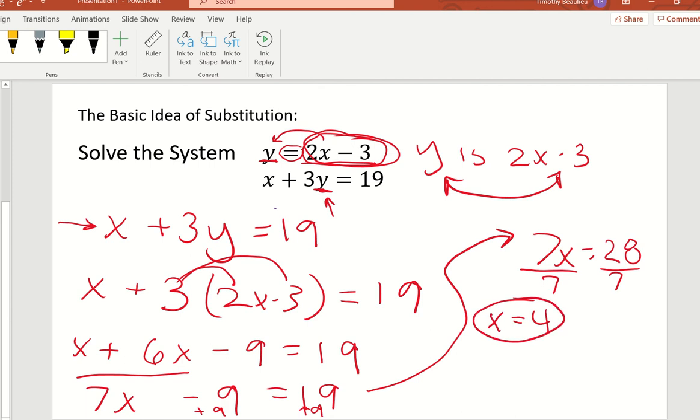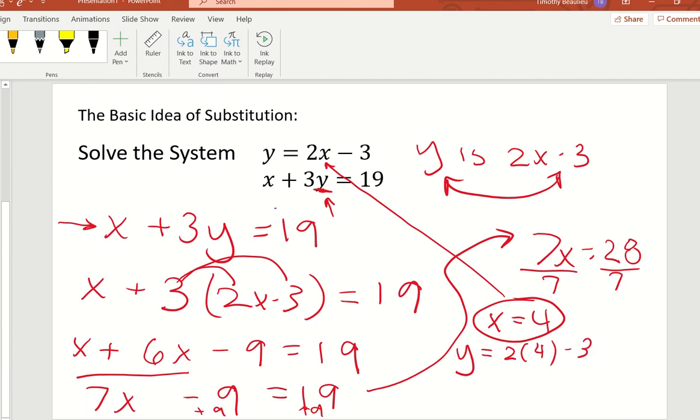You now have to find what the y value is. If I go back to that original equation, you can use either of these equations, but the original does work a little bit better because y was already isolated. If I now take the fact that I know that x equals 4 and I put it back into the x in my original equation, it would read y equals 2 times 4 minus 3.